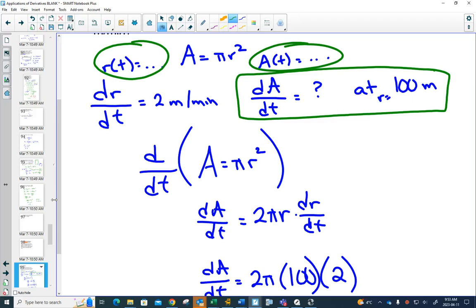We're trying to find it specifically when r is 100, so now we can plug in something for r, and we can solve this. Okay? Sometimes these equations will also have an A. Let's say you had some formula that was A squared. When r is 100, you could figure out what A was, plug it into this formula. So you could plug in the values even though you don't know t, which is what makes implicit differentiation help us with our related rates.